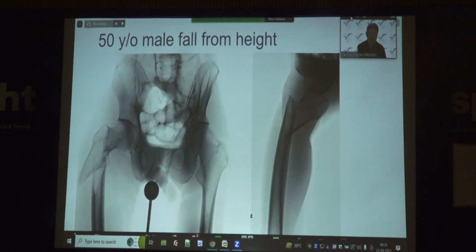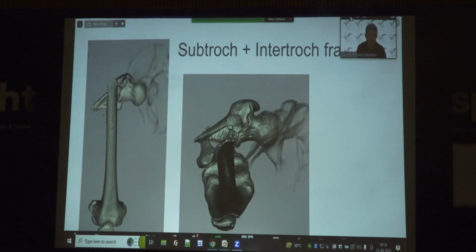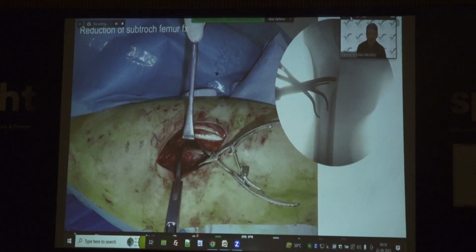So here's a case with a 50-year-old male who fell from a height. He was a polytraumatized patient, so he went on to CT scan, and we found out that he had a subtroch fracture with an intertroch fracture at the same position. Most of the subtroch fractures we do in lateral decubitus, opening up the fracture site to get the perfect reduction.